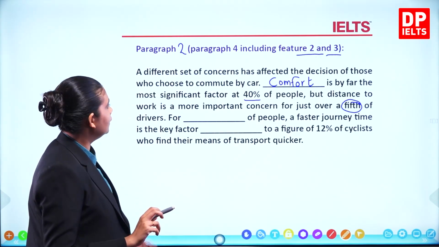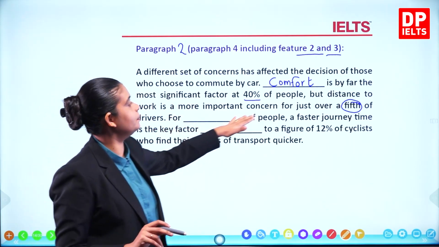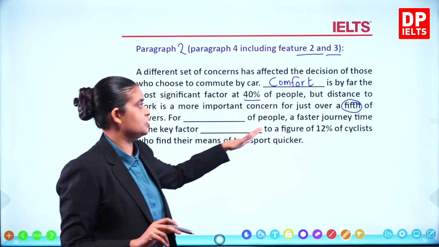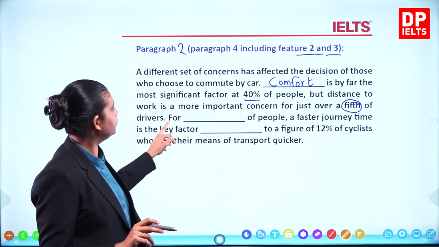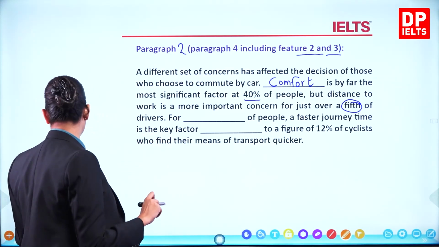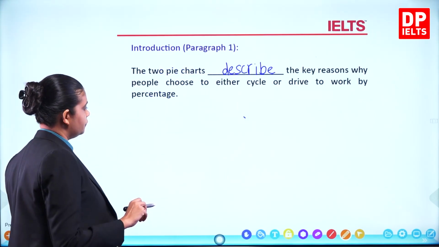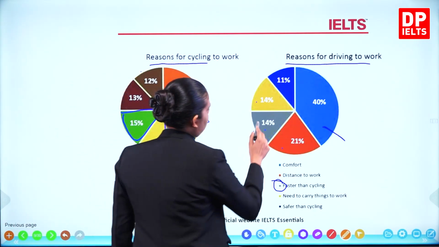Okay. Then, but the distance to work is a more important concern, which was just over a fifth of drivers. For blank of people, a faster journey. Okay, so faster journey, how much was it?